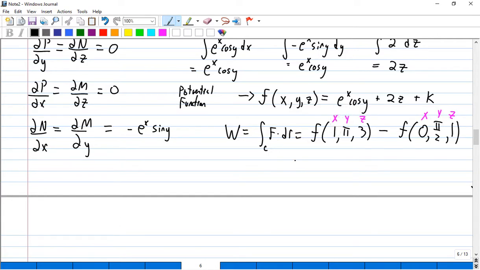All right, so we plug in a 1 for the x, it's going to be e to the first times cosine y, so cosine of pi, plus 2 times z, so that's 2 times 3, minus, now plug in a 0 for the x, that's okay, e to the 0 is just 1, times cosine y, cosine of pi over 2, plus 2 times z, z is 1.